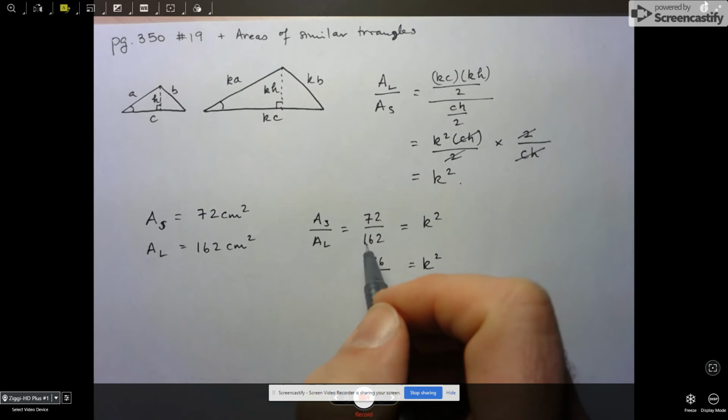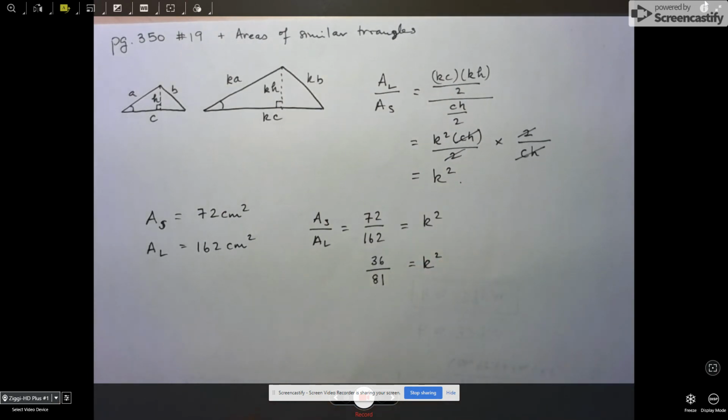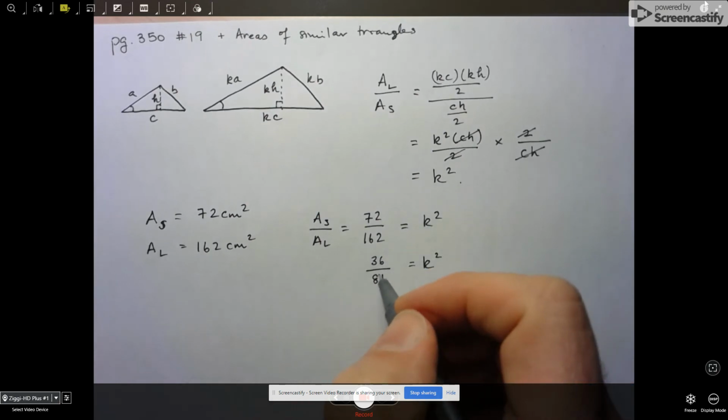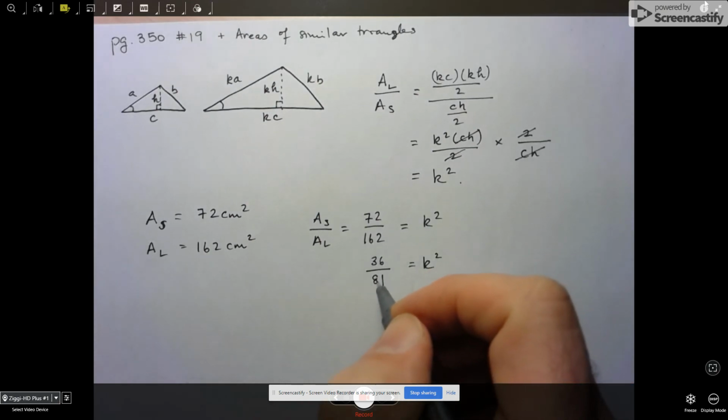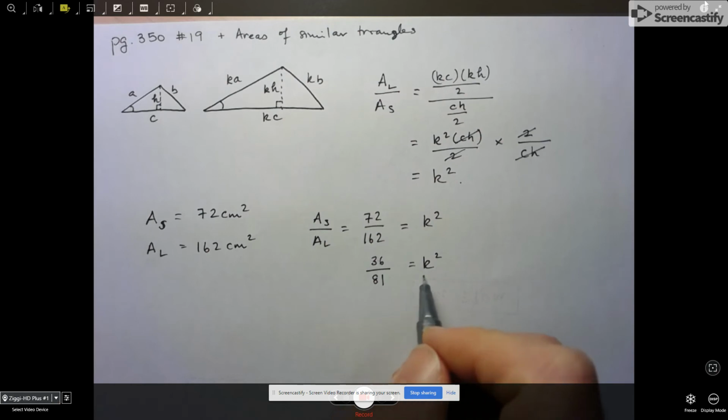And 162 divided by 2 is 81, another perfect square. They also have 3 in common, but if I divide 36 by 3 and 81 by 3, I'm not going to end up with perfect squares. So I'm going to leave my fraction as is.